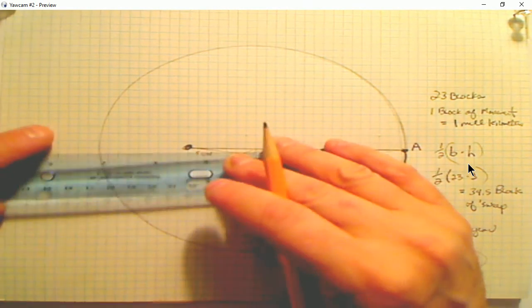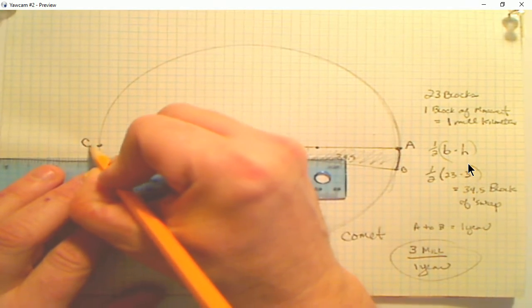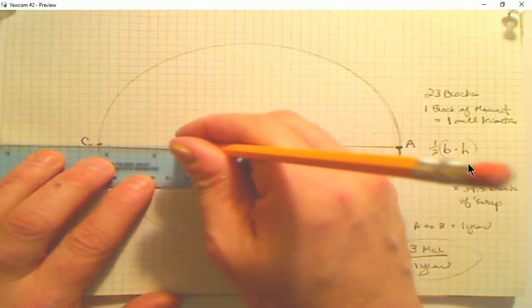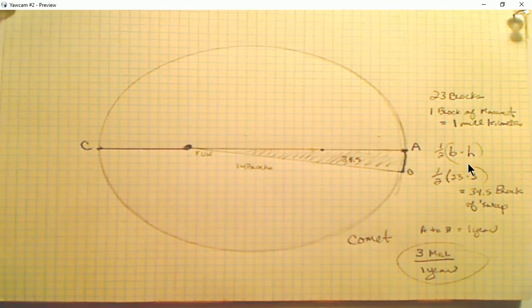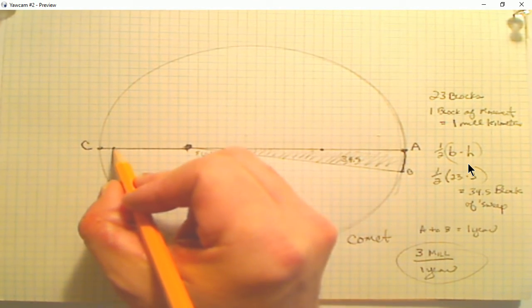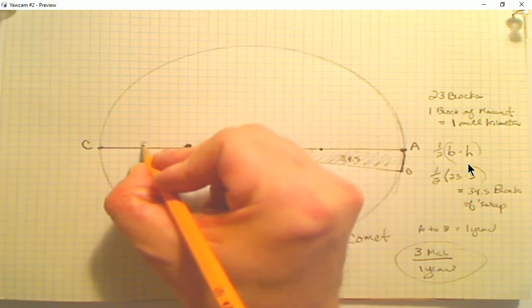So now let's take a point here. We're going to call this point C. Okay. Now this distance here, that's 9 blocks.